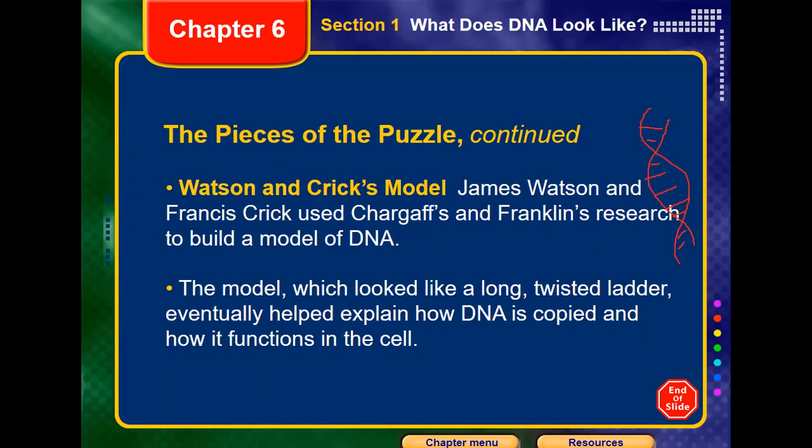They call this model the double helix model, and that represents how the DNA looks and how it fits its function, that the DNA could be replicated or passed from one cell to another. And that's why they got the Nobel Prize.